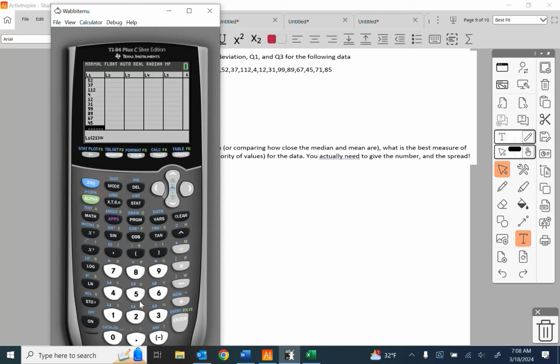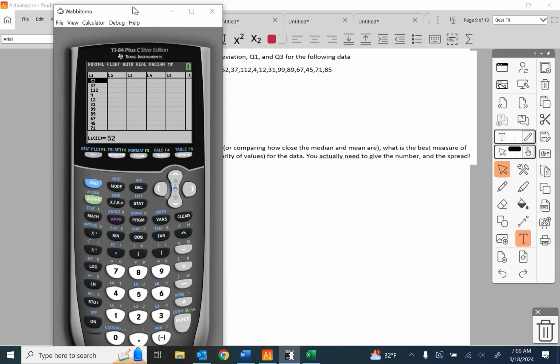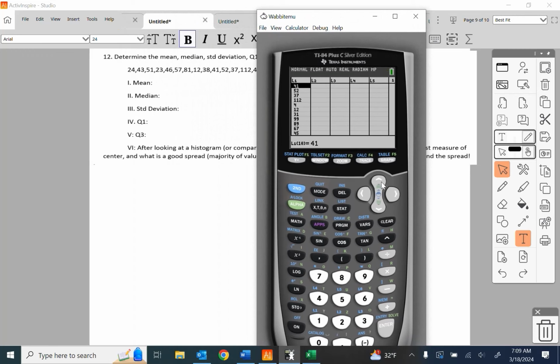Obviously I will too. Alright, so once I've got it all in there, I just go to Stat, Calc, One Variable Statistics, and I scroll down to Calculate. And this will give me everything.